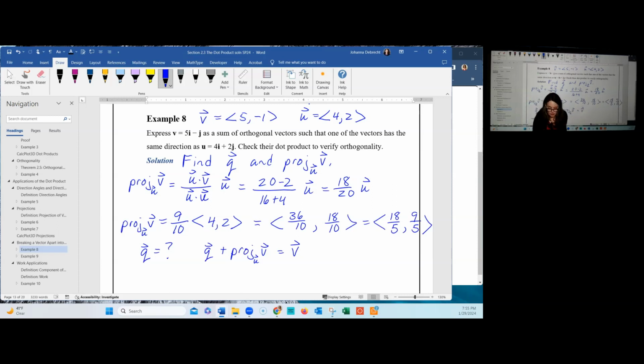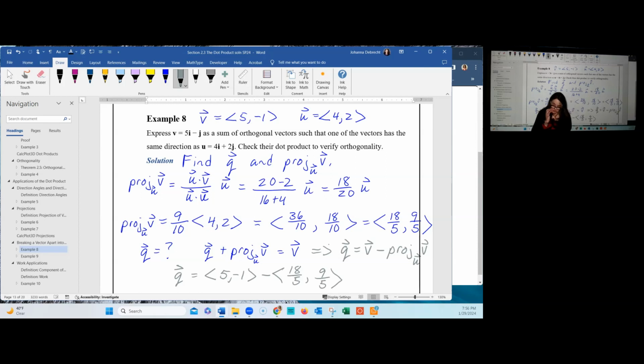All right, so let's write that part down. So this implies that Q is equal to vector V minus the projection of V onto U. So Q becomes V, which was 5, -1, minus the projection, which is 18/5, 9/5.